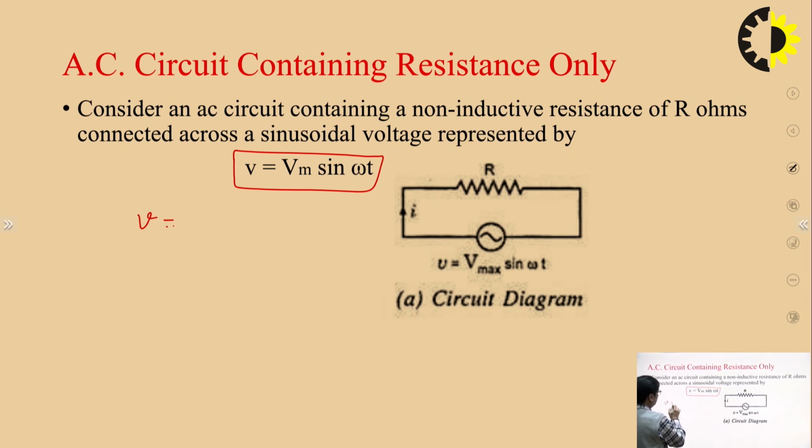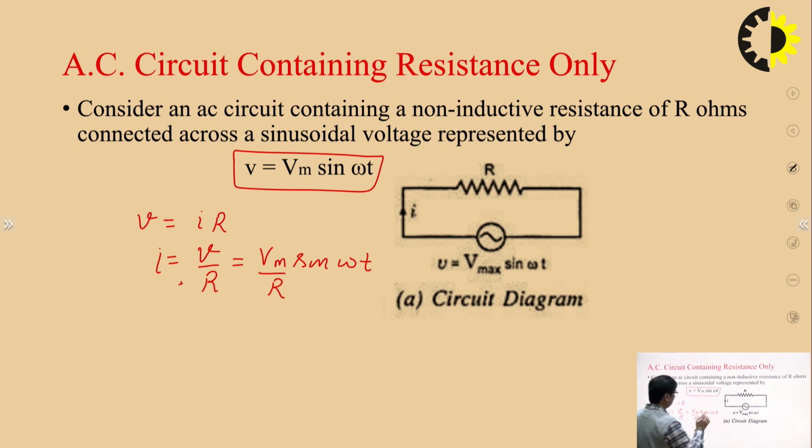According to Ohm's law, V is equal to IR, where I is the instantaneous current. So I must be equal to V upon R, where V is the instantaneous voltage, that is Vm sin omega t.